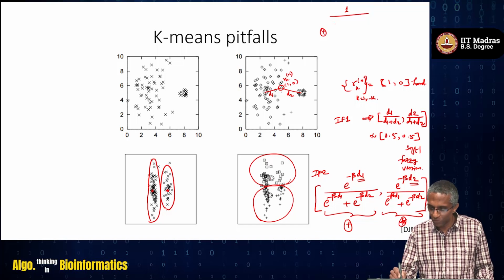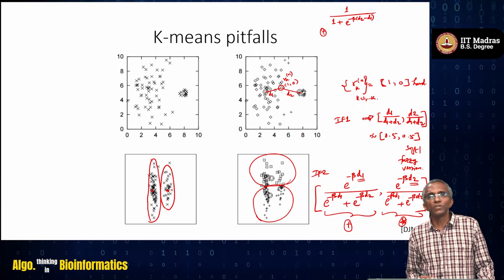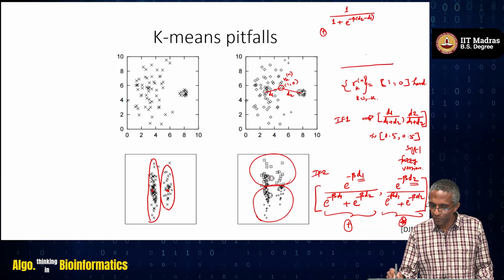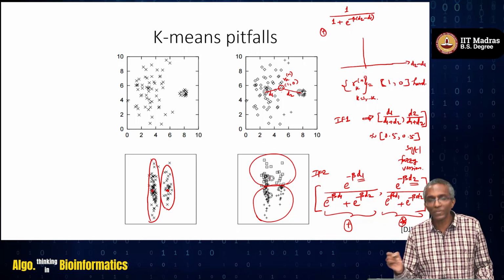Then you will have 1 over 1 plus e to the power minus beta into d2 minus d1. So this is your logistic function. It has this switch-like shape. So now if d1 is equal to d2, here I am plotting d2 minus d1.